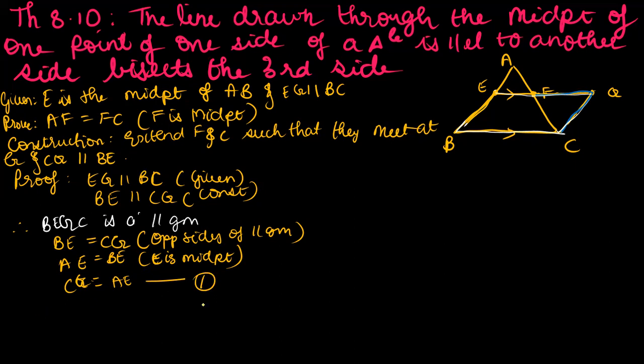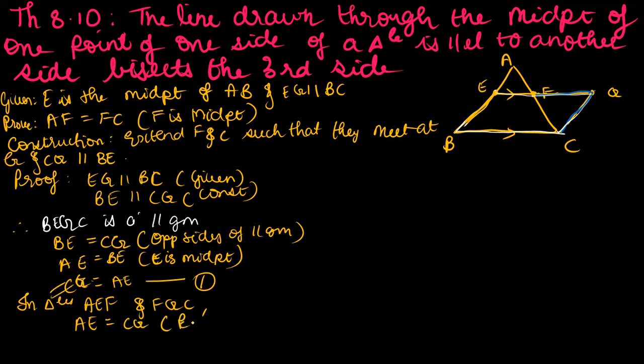Now we are going to take triangles AEF and FGC. Look at the figure, two triangles, AEF and FGC. AE is equal to CG. Why? Because we have already proved it here, equation 1.